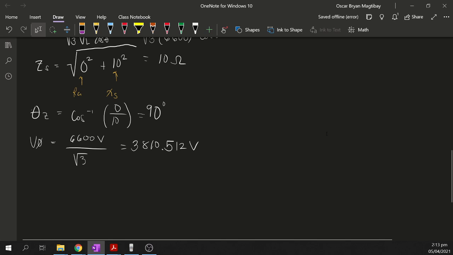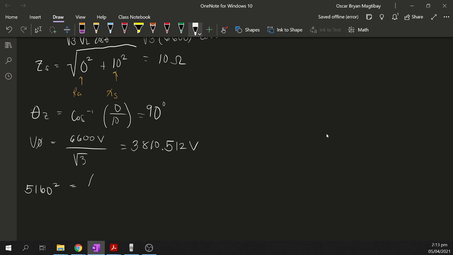So we have now E phase 5160 quantity squared is equal to ang IA natin is 86.602 over cosine theta times 10 quantity squared.